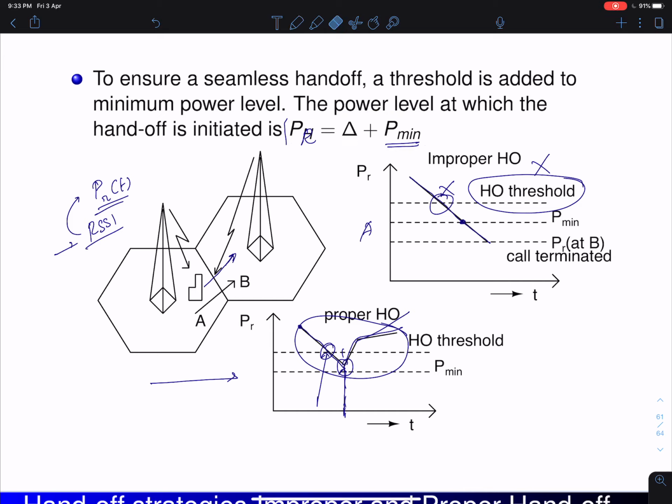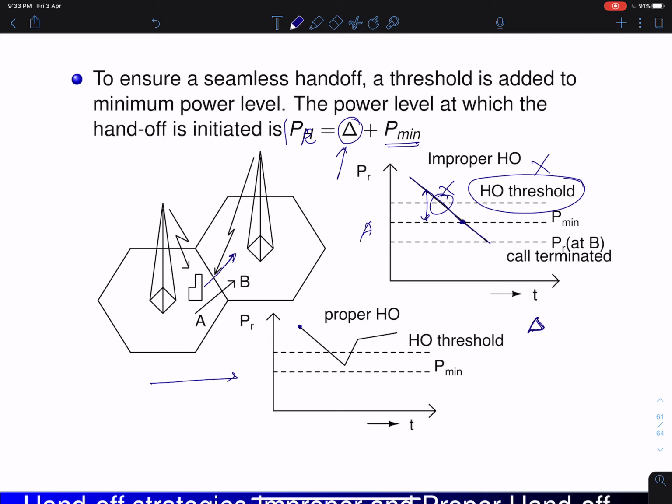Now this is not foolproof, it has its own problems. The choice of delta is extremely challenging. The threshold for handoff has to be chosen very, very carefully. If I choose a large handoff threshold, we might have false handoffs, because your threshold is so large that you might start handing off at a much earlier time than necessary.